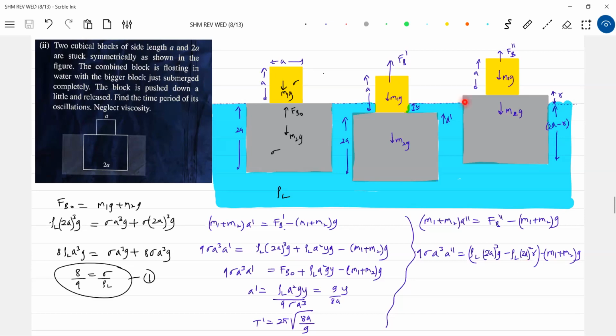In the total, I subtracted that one, no? Yeah, fine. In the total volume, I subtracted this much of volume. Then I'll get this much. Now what we can do, rho L, this will become FB naught. G should also be there, no?